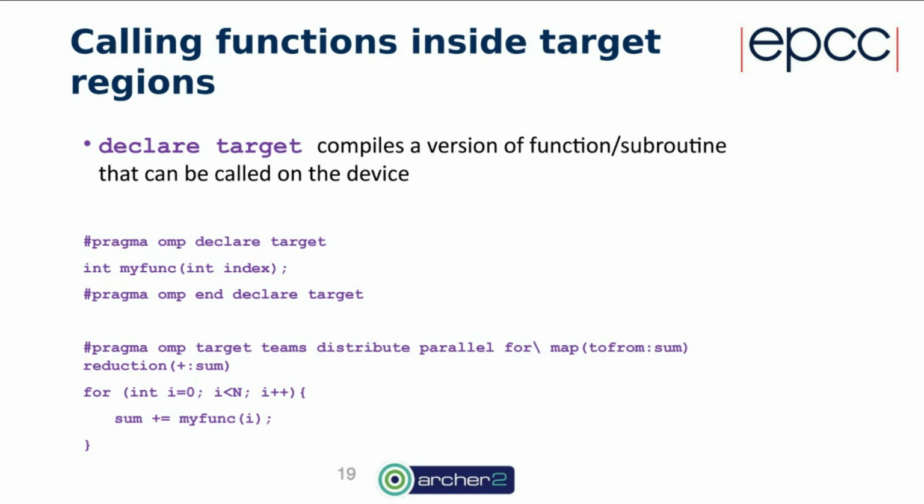If we include the prototype for the function inside the declare target directives, that tells the compiler that it needs to compile this function for execution on the device. And then if we do that, we can call that function inside a target region.